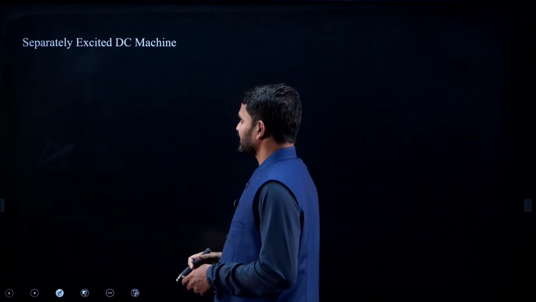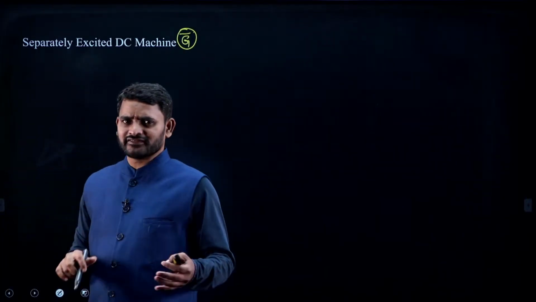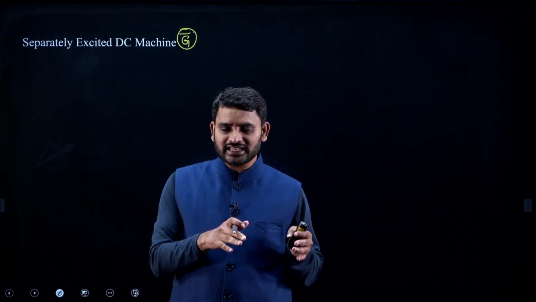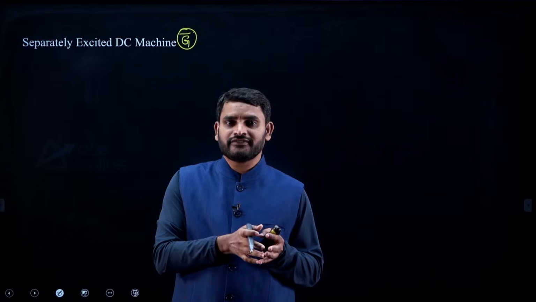Okay. So, let us see the generator classifications. I am taking first generator and then we will take up motor also. If it is separately excited, every rotating machine will be having stationary part and rotating part, right? When it comes to DC machine, the stator part is of what? Field winding or not?